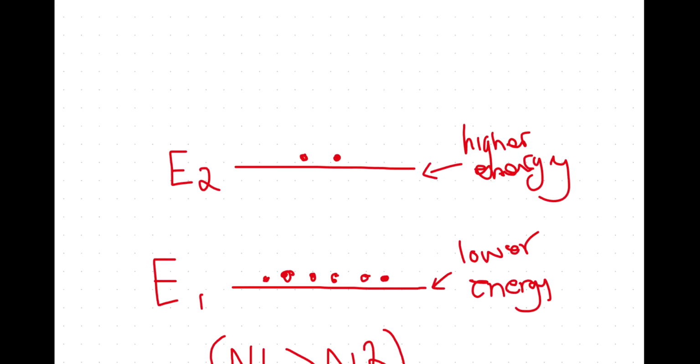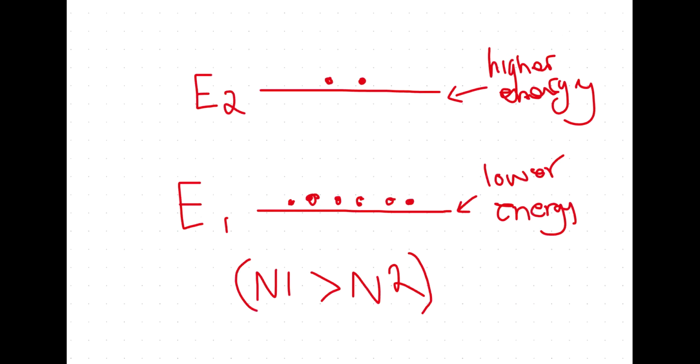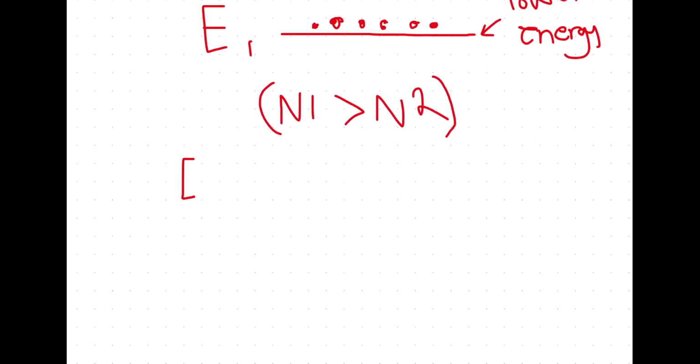Before we solve anything, I'm just going to define our variables first. We have E1 and E2, the lower and higher energy levels, and they're both measured in joules.